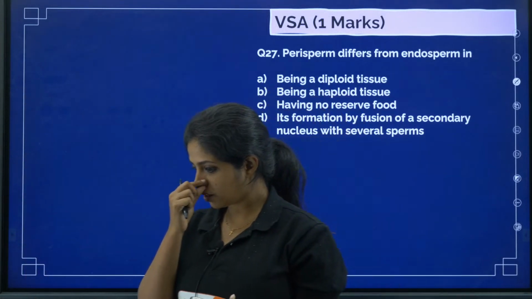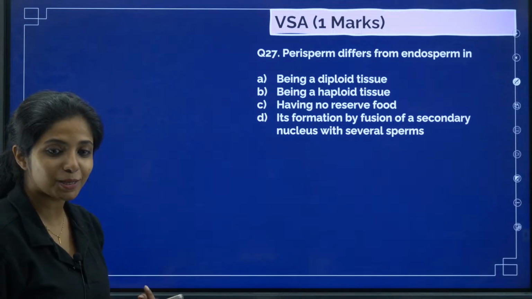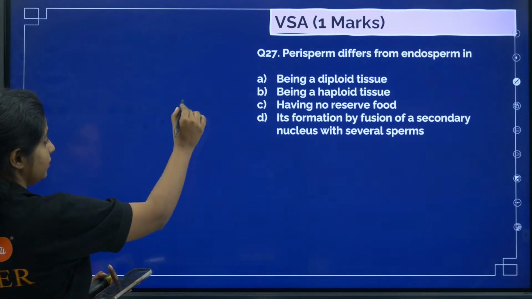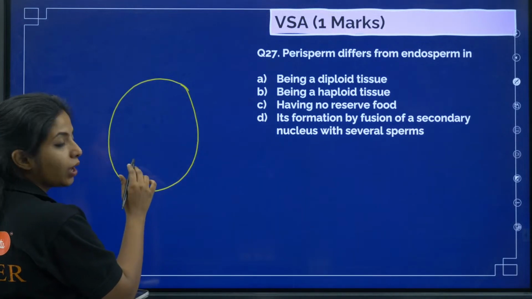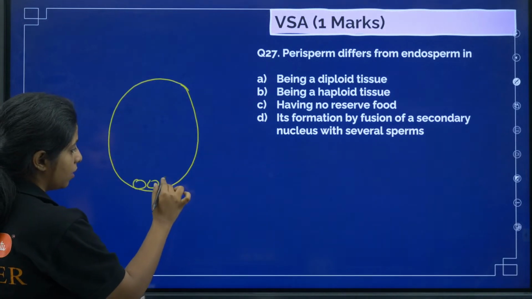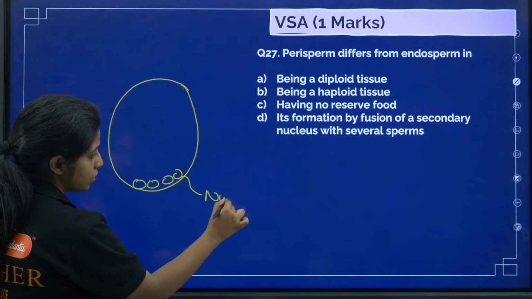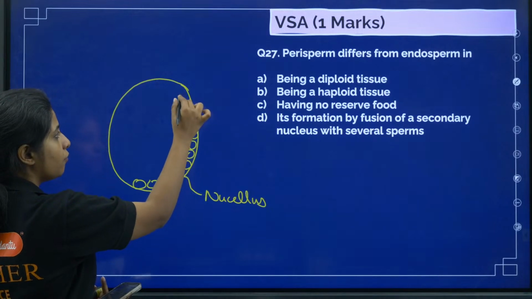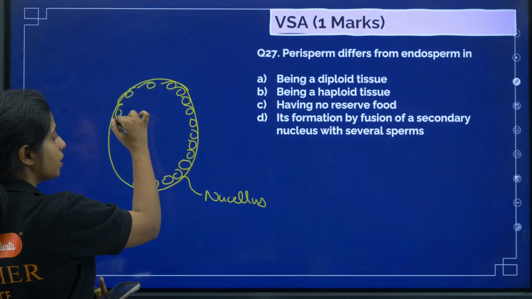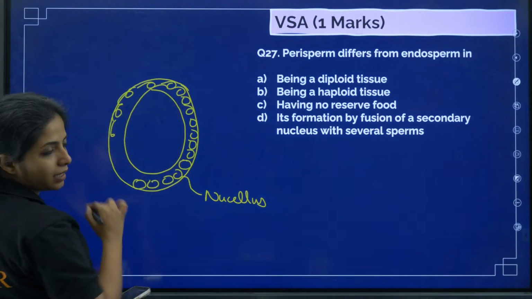Next, perisperm differs from endosperm in. What do you mean by perisperm? First question. This is the ovule. Inside the ovule you have cells known as nucellus, and one cell among them becomes the functional megaspore and forms the embryo sac in there.